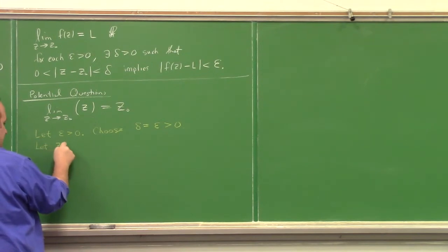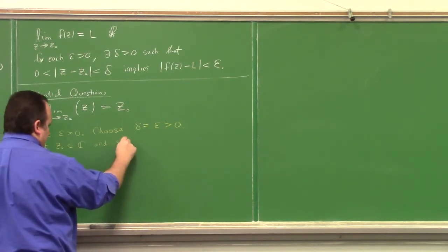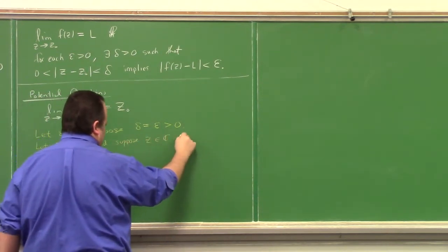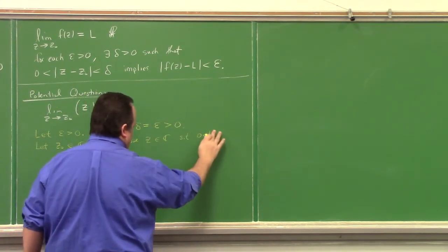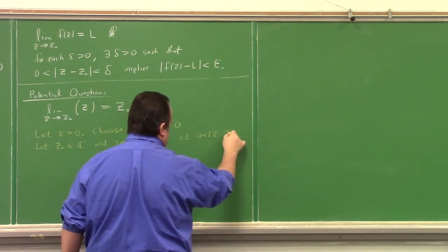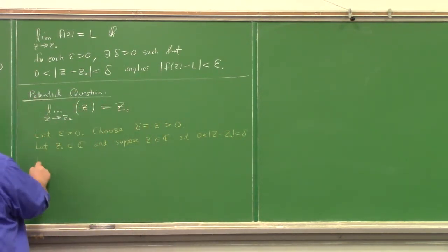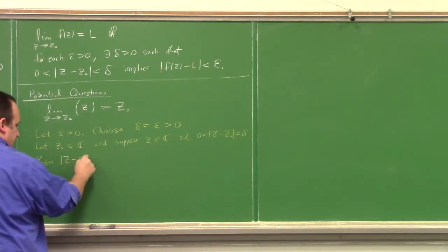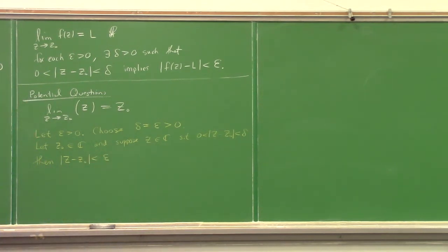Let z naught be an element of the complex numbers, and suppose z is a complex number such that 0 is less than modulus of z minus z naught is less than delta, right? Then clearly the modulus of z minus z naught is less than epsilon, because I said delta is equal to epsilon, right?